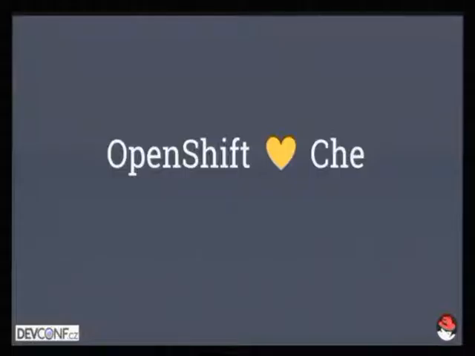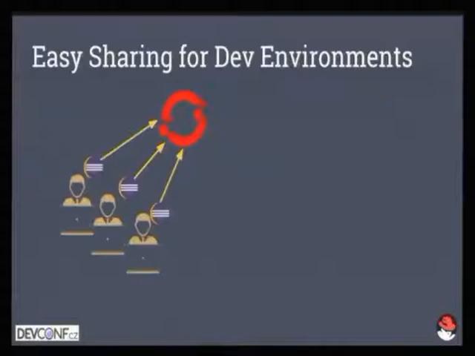But why should an OpenShift user be interested in having Che? The first thing is that with desktop IDEs, we always need to install a lot. Every developer needs to install a lot of stuff on their laptop. I need to install the JDK, Maven, the IDE, and every developer that joins the team will need to spend some time installing all the dependencies.